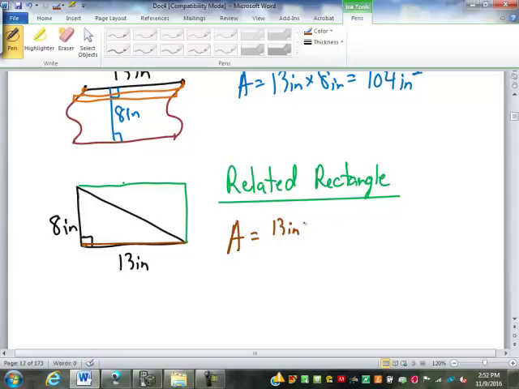Length times width, or base times height, however you want to do it, 13 inches times 8 inches. But that's not our area of the triangle. The triangle is half of the rectangle. So we have to divide by 2. So that's going to give us 52 inches squared for that triangle.